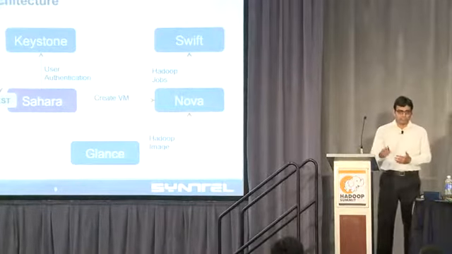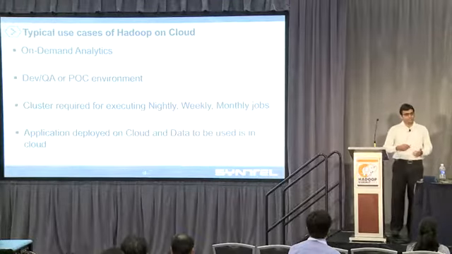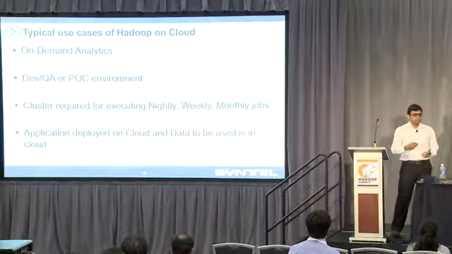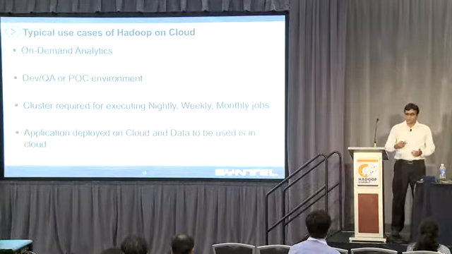The other use case, which we already mentioned and which Sahara is aiming at, is provisioning a quick cluster for dev QA or POC requirements. The other use cases are where Hadoop is not processing jobs in near real time.